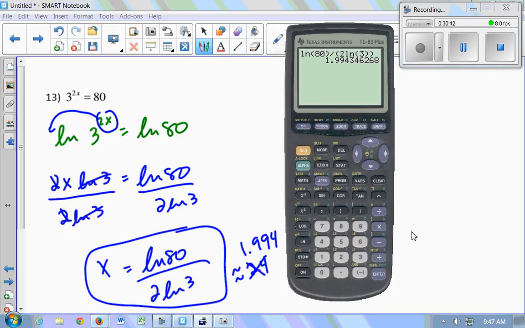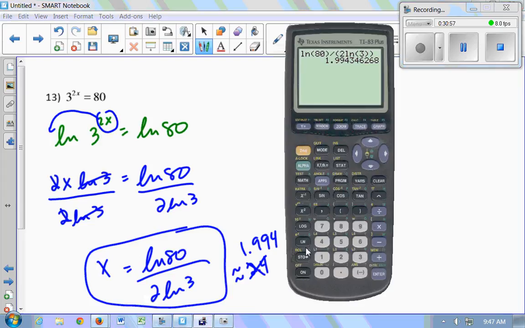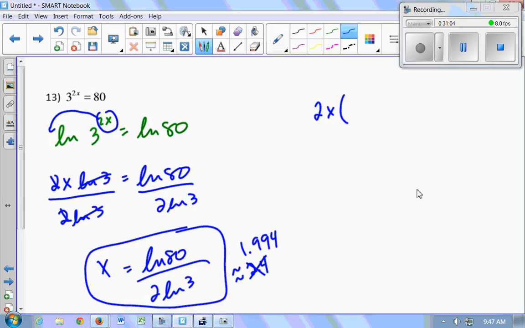Yeah, but you won't come out with an exact answer, right? So if you wanted to, you could do 2x times, and instead of writing ln 3, you could put in an approximate value that is equal to ln 3, like 1.0986.